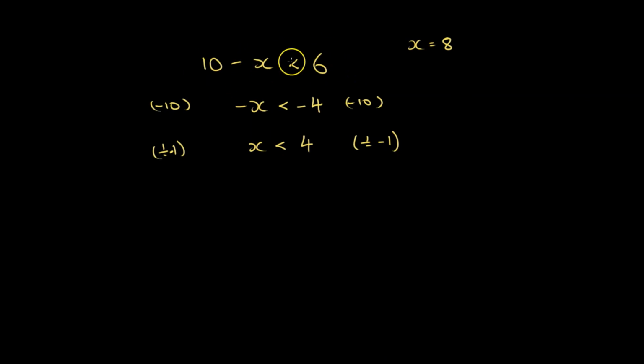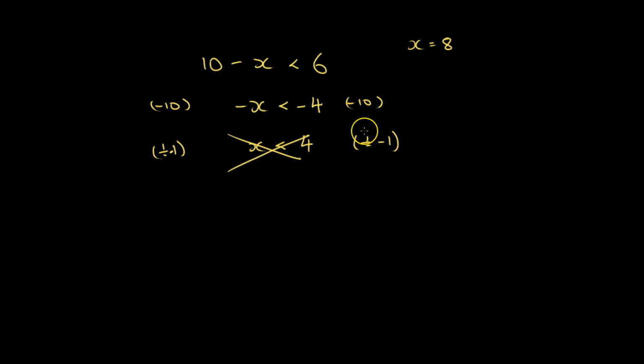So it's true for my initial inequality, but what about at the end here? x is less than 4, and so x is 8. Well, no, it's not true. If x is 8, then that's definitely greater than 4. It's not less than. So this isn't right. The reason is, if we divide by a negative number, or we multiply by a negative number, the inequality sign flips round.